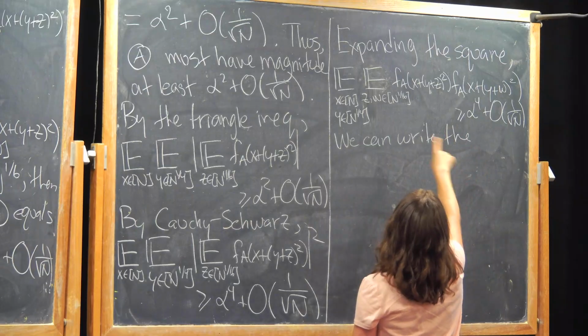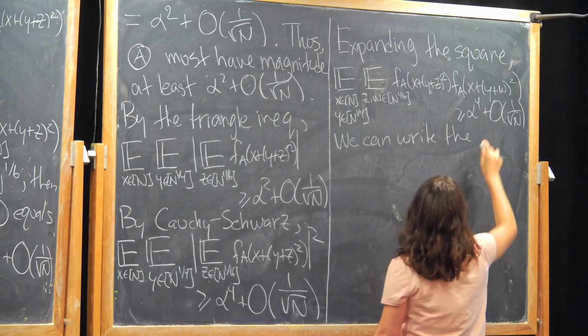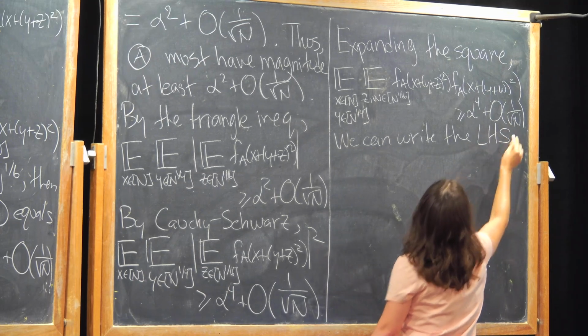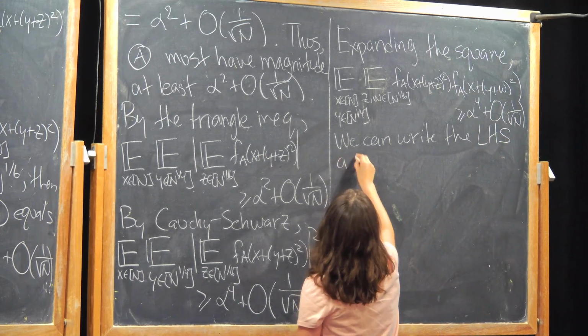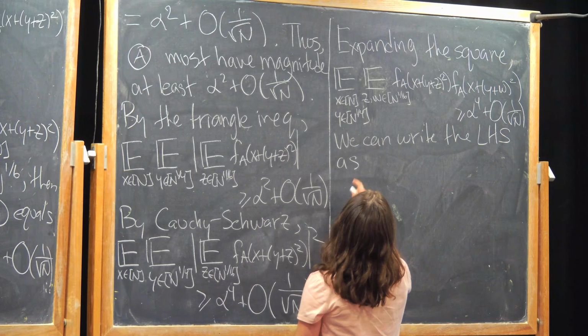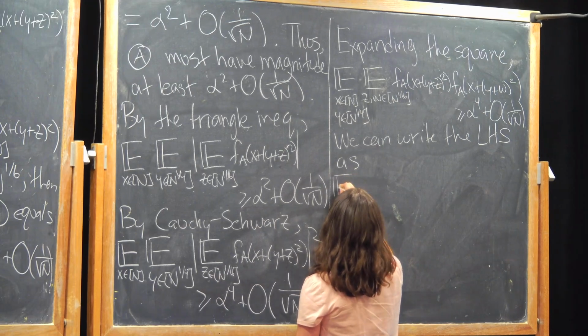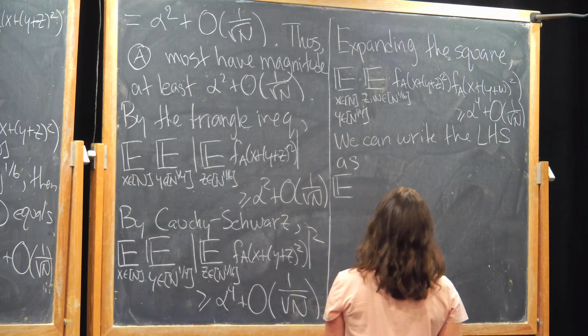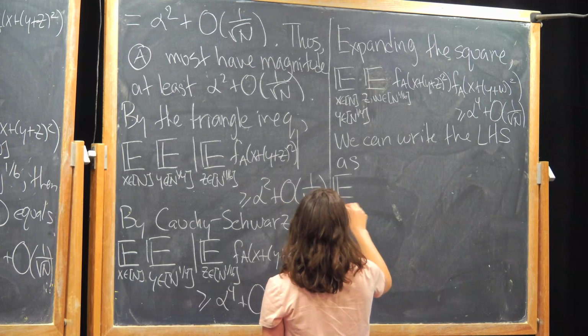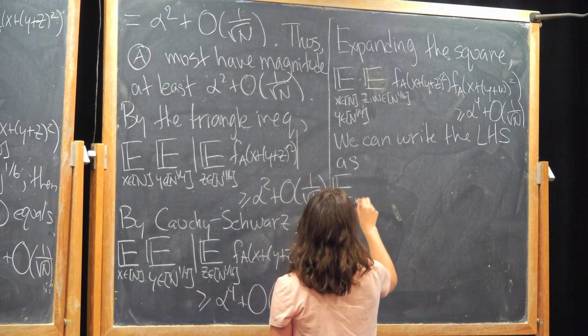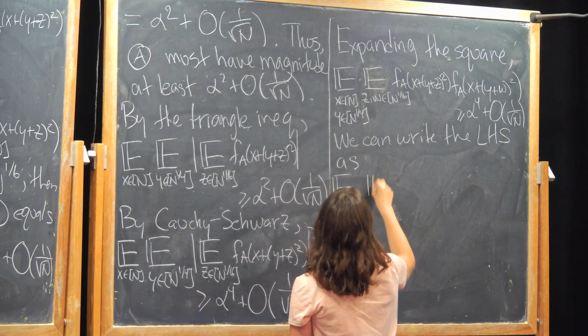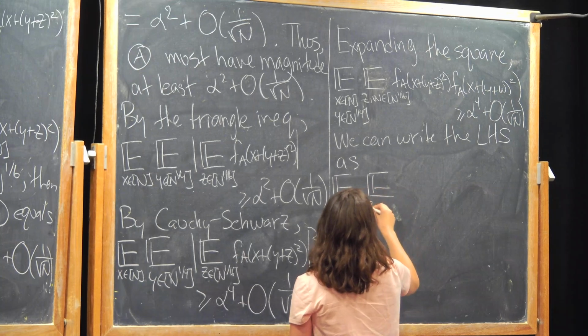okay, so this is an inequality where the thing I wrote on top is the left-hand side. So the left-hand side as, also swapping the order of summation, average over y, average over z and w.